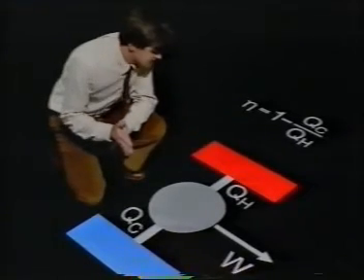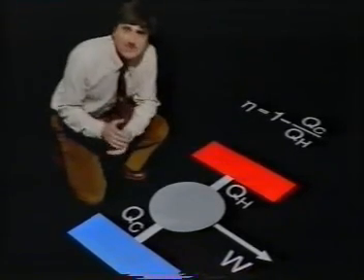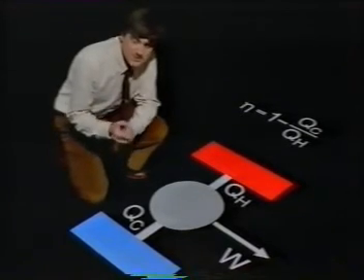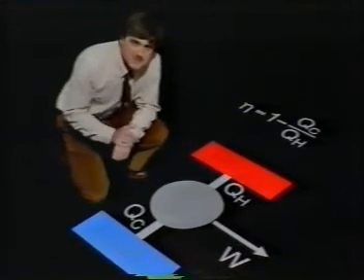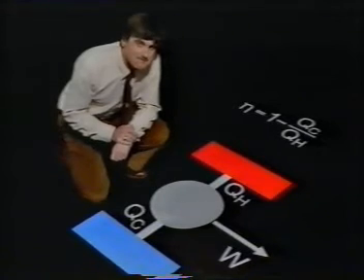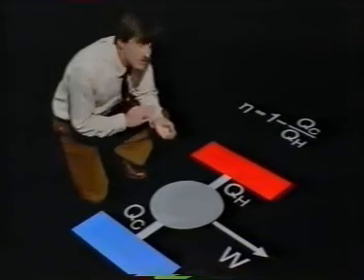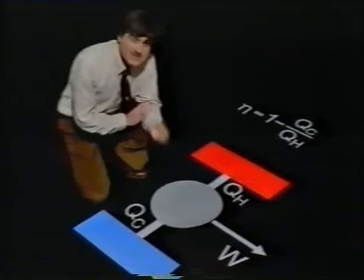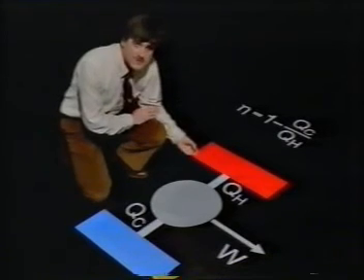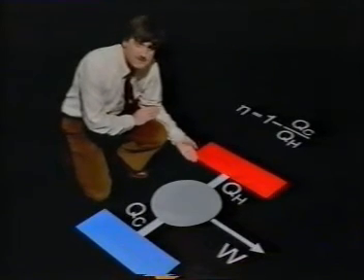Now the question is, what should the temperature of these reservoirs be in order to achieve this maximum possible thermal efficiency? And the answer is, the reservoir temperature should be exactly the same as the working fluid temperature during the contact.